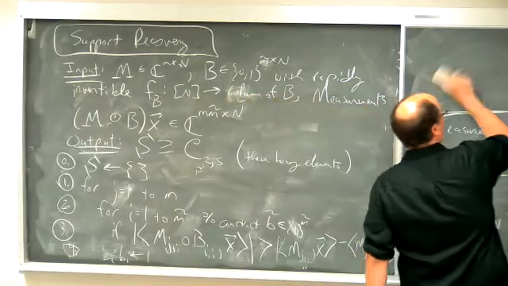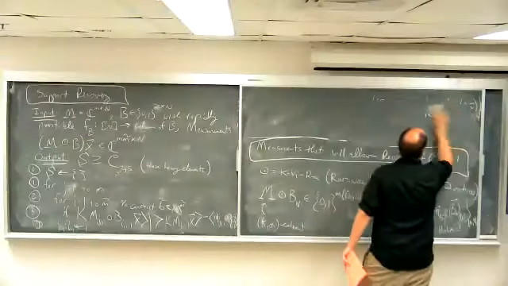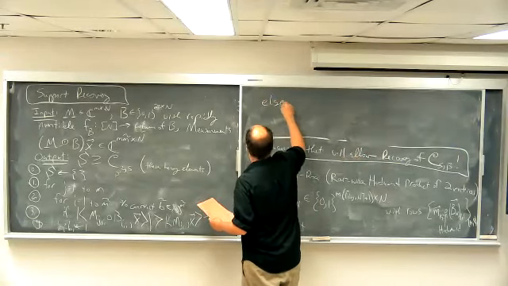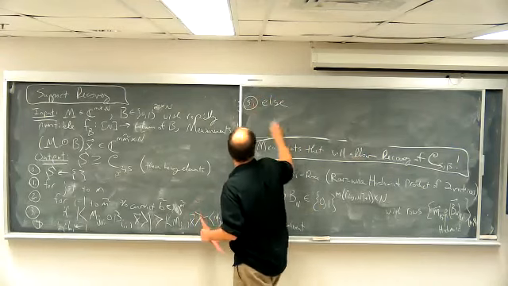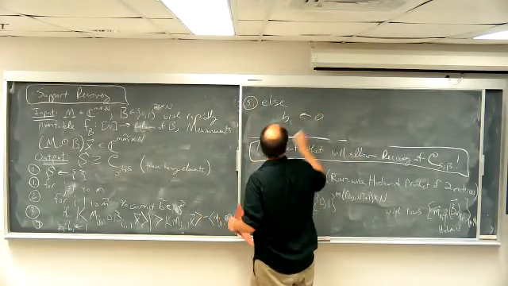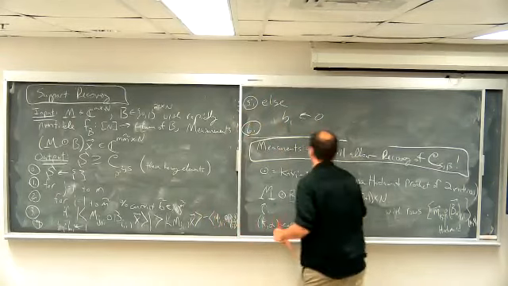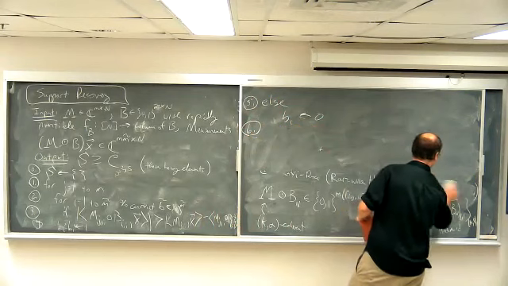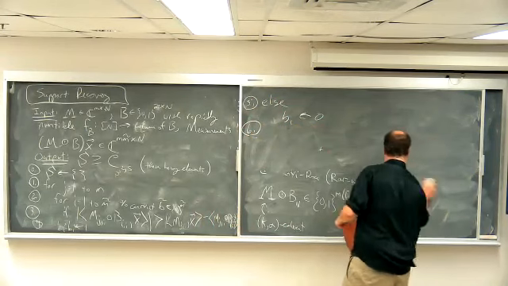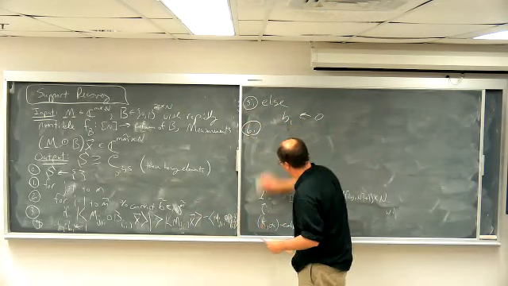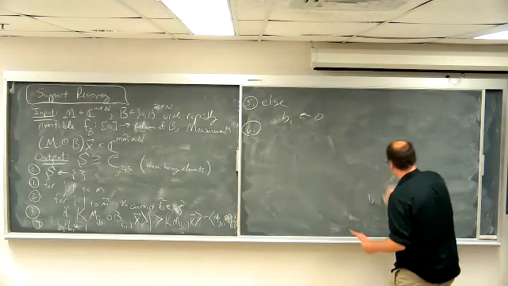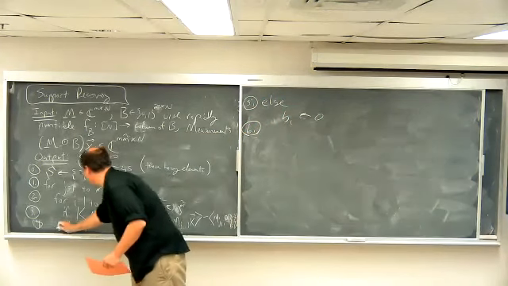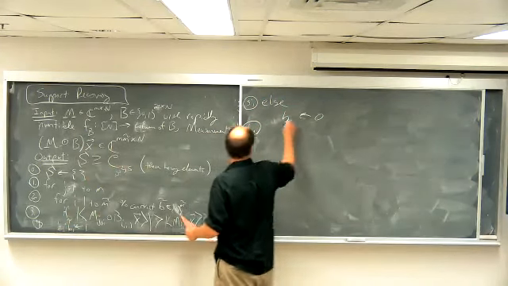Otherwise, set B_i equal to 0. Okay. So now we've filled out all of our entries of our B tilde. So let me call this B tilde i. Consistent.